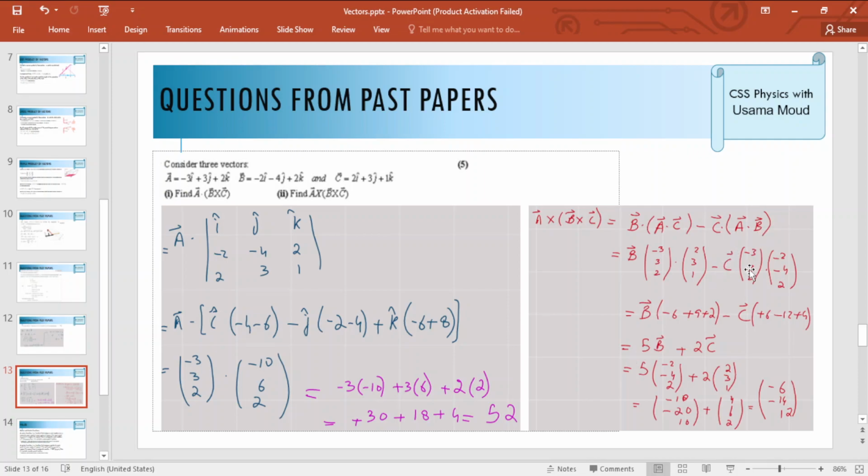Similarly over here, this is a dot b, which is just a number, and after solving these two, we shall get this answer. This is a vector, because the triple vector product is actually a vector. If you substitute the values of b and c, first take the cross product, and then take the cross product of the resultant with a, again you will get the same answer.